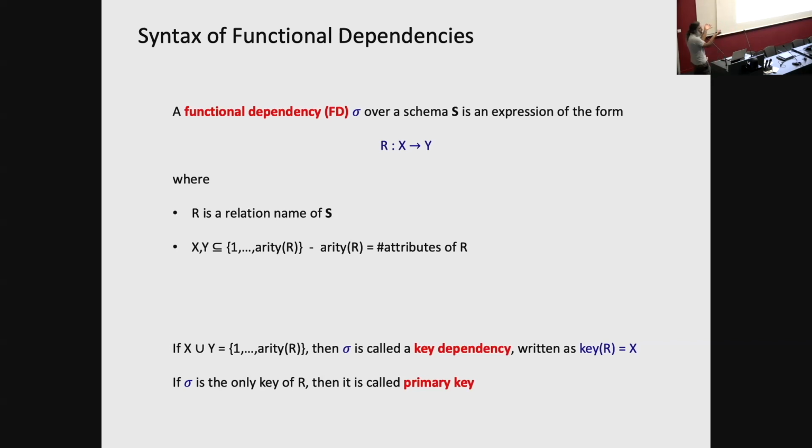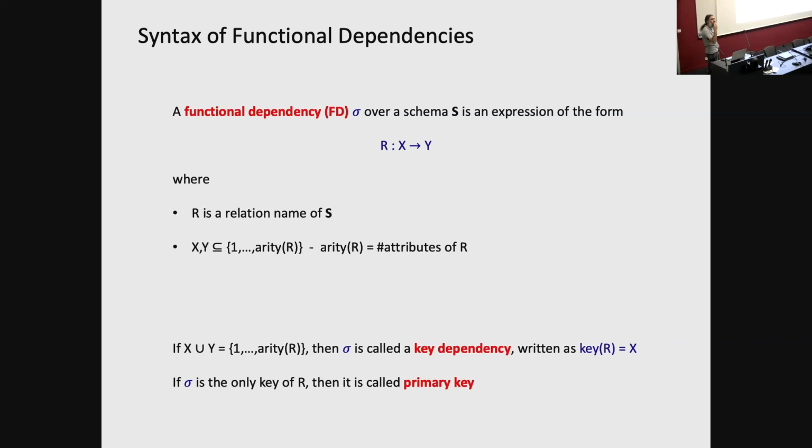A key dependency, which I'm pretty sure you all heard in the past, is a special case of a functional dependency, with this additional property. And if sigma is the only key, because we may have more than one key for a relation, then this sigma is called the primary key of the relation. So key dependencies are a special case of functional dependencies.